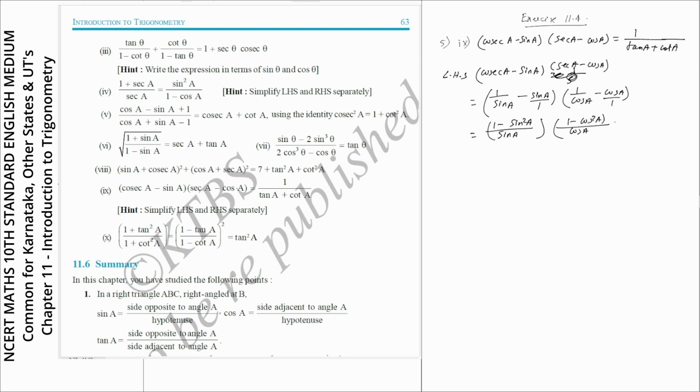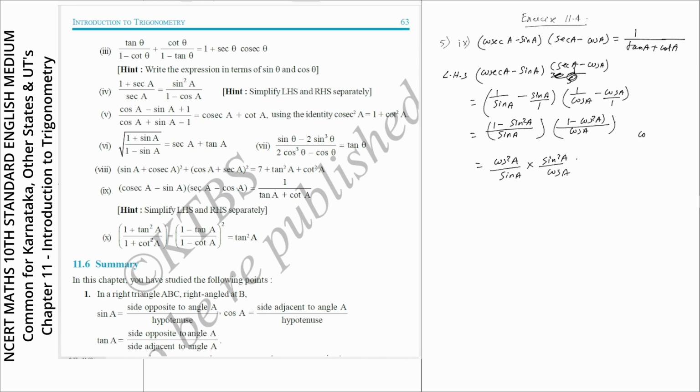So this is equal to, now 1 minus sin square A is cos square A by sin A into 1 minus cos square A is sin square A by cos A.